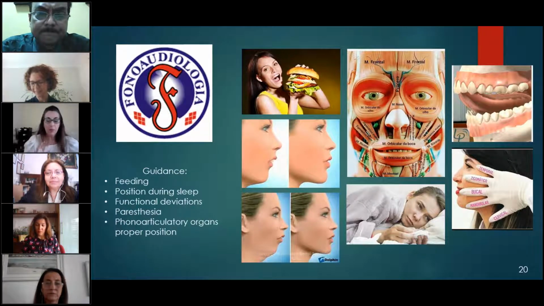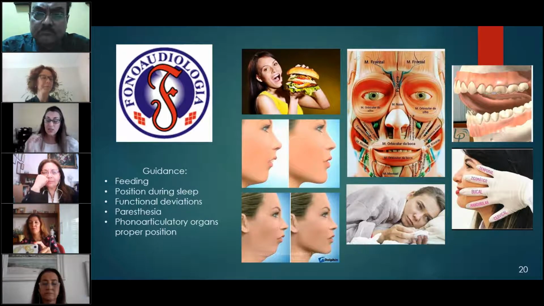It's very important to understand that what we are doing is awareness of paresthesia and how to stimulate the nerve. Right tongue posture, since the new bone relation allows the reorganization of this deviation.